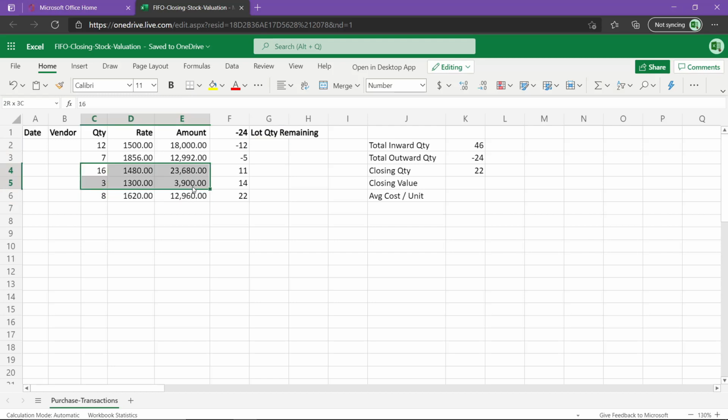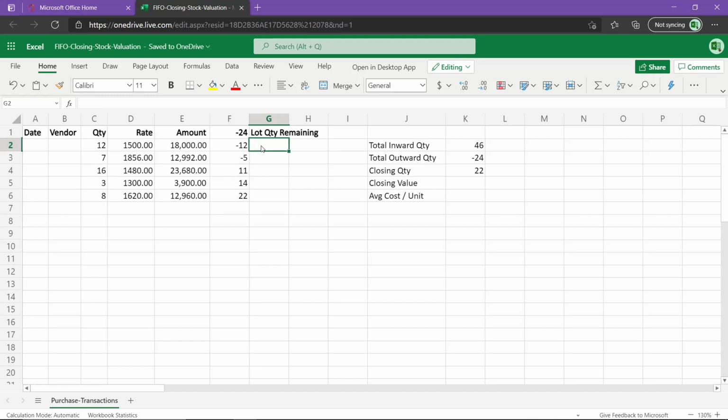From positive, we need to ascertain how much quantity of this purchase is remaining in our stock. So, naturally, the lower of these is there in our stock.